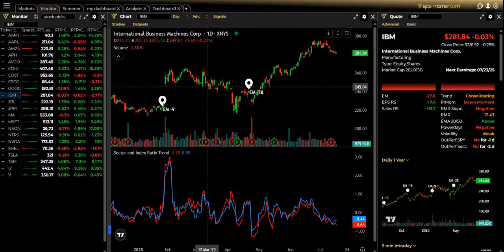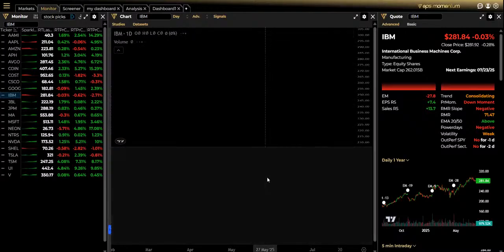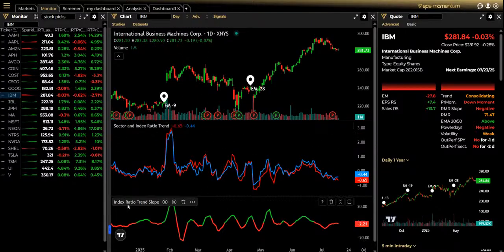We are going to add another indicator to this, which focuses just on the S&P, not the sector. We're going to add the slope of that line. So that's the index ratio to the S&P trend slope.